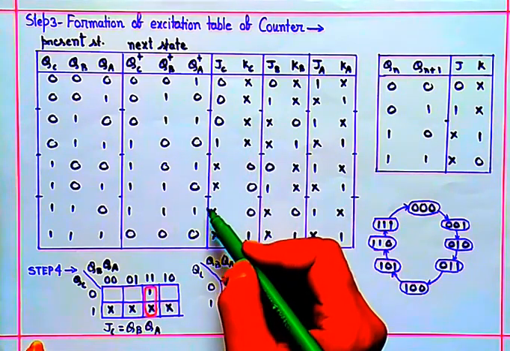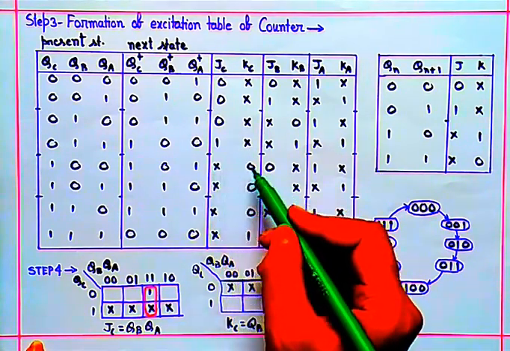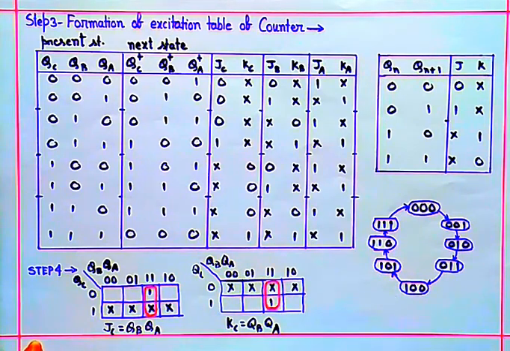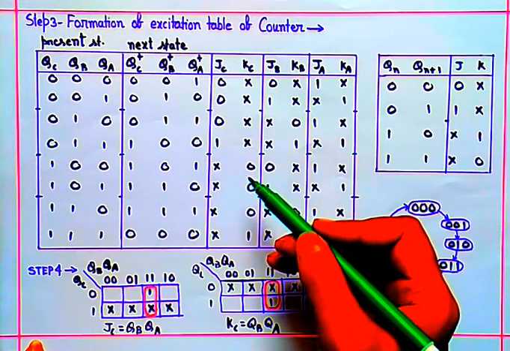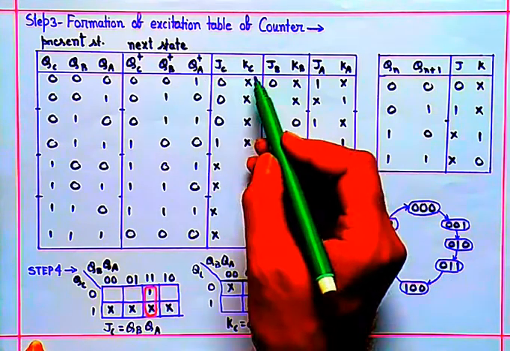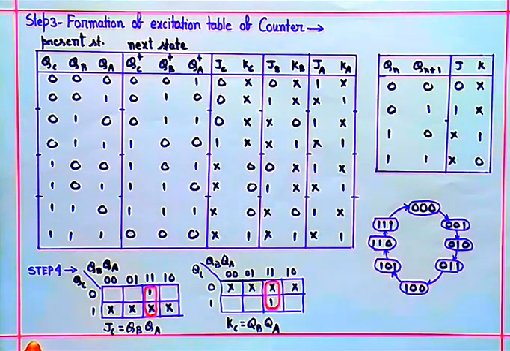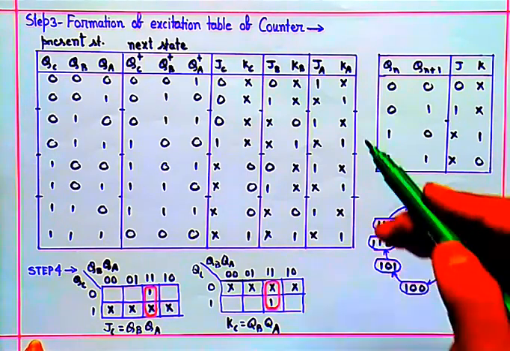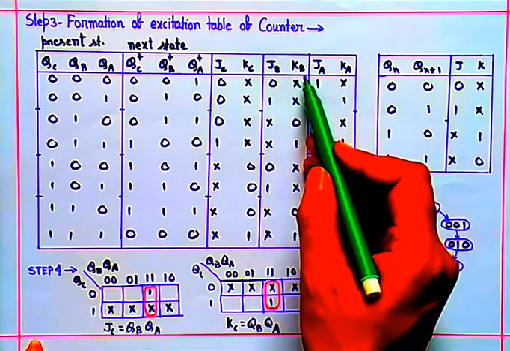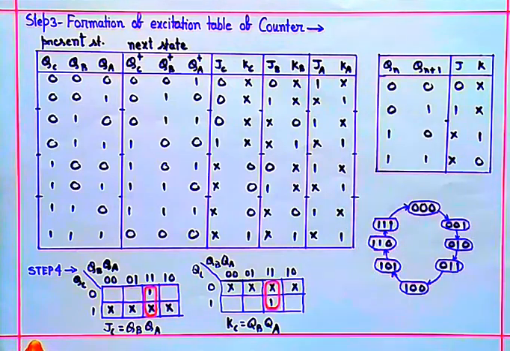In this way, you have to complete all these lines, and complete the values of JC and KC. In a similar way, fill up all the values of JB, KB and JA, KA, and you will get a table like this.